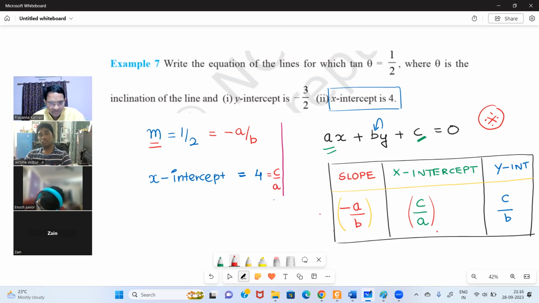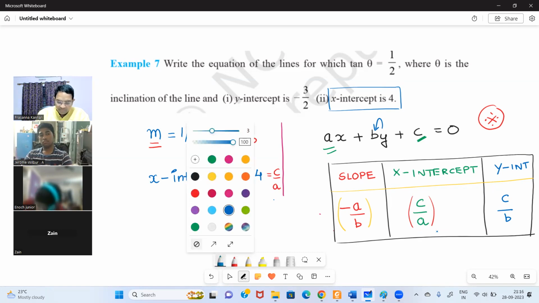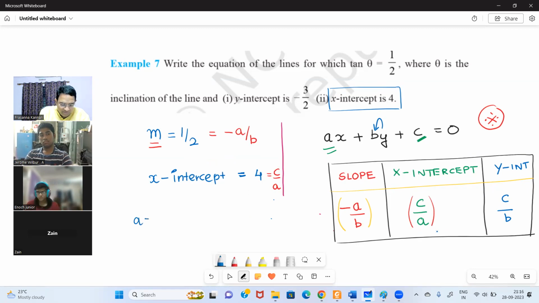Now what I can do is take the a value to be 1. A value is 1 means what? The equation starts with what? X plus, correct or not? So if I put a as 1, then it will be minus 1 by b, correct?